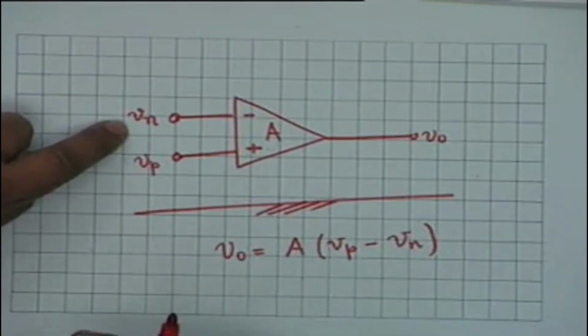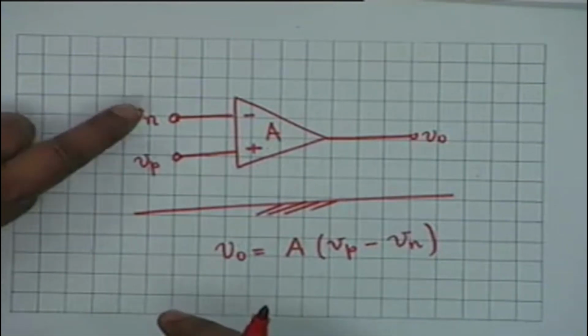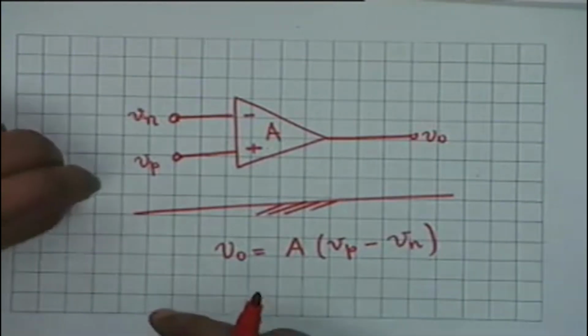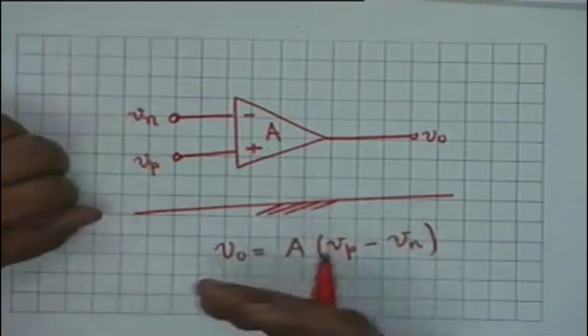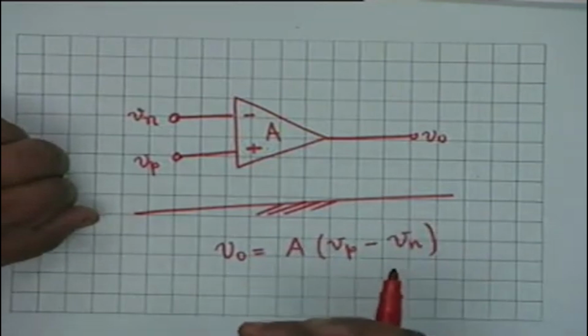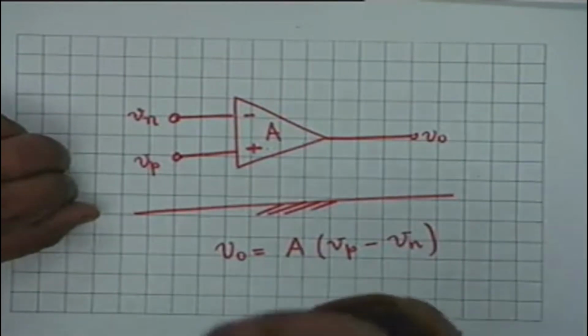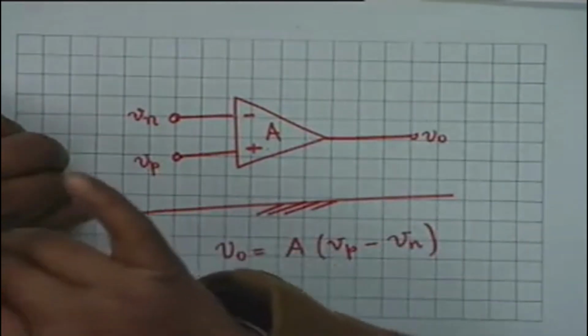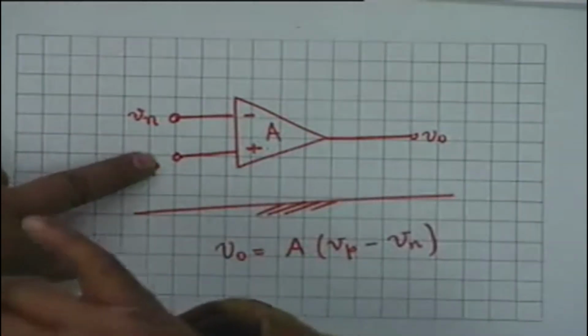Is that clear? The purpose of these two terminals is to make additions as well as subtractions, to have inverting gain. For example, if you have 1 millivolt and you want a plus 1 volt out of it, then you can apply it to the non-inverting terminal.